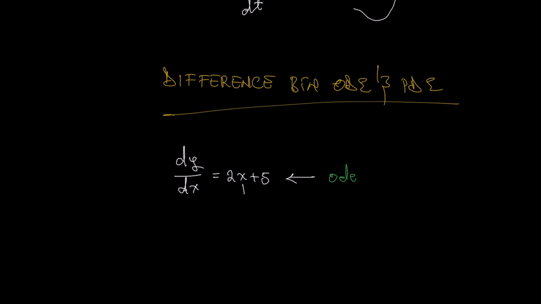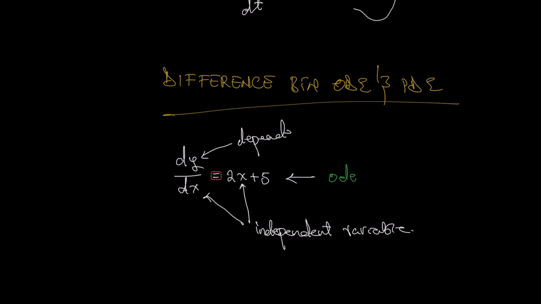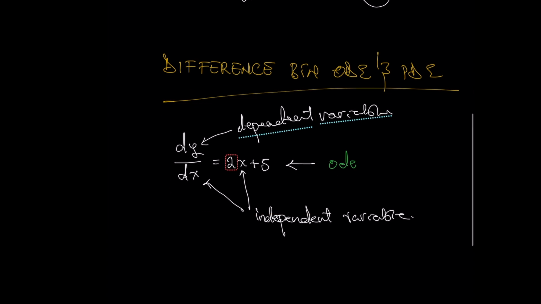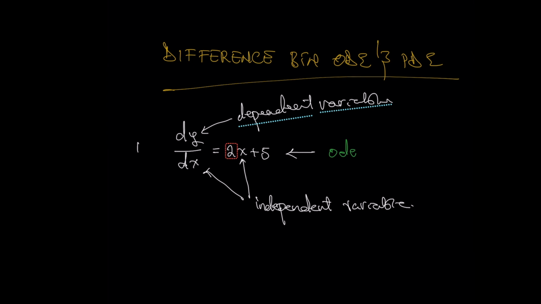So you have x being the independent variable, and then y is the dependent variable. So you have this being an ODE. So this is one example.